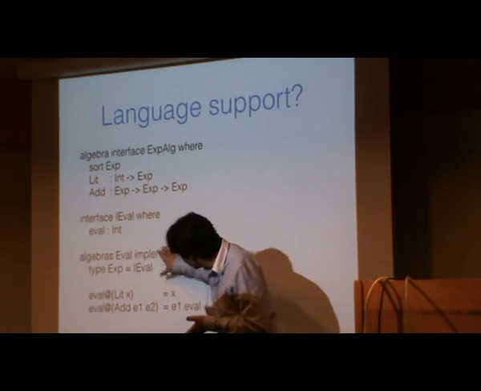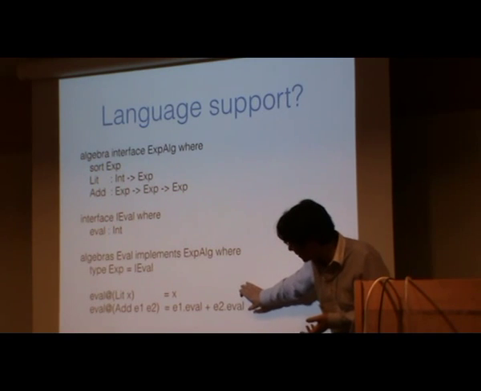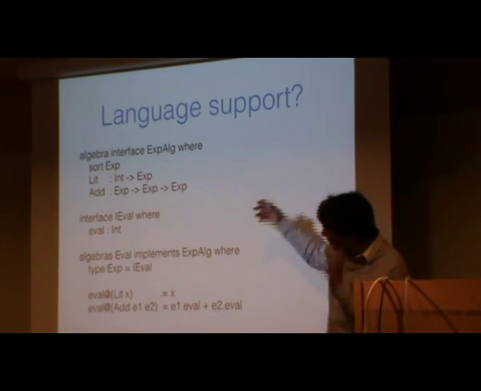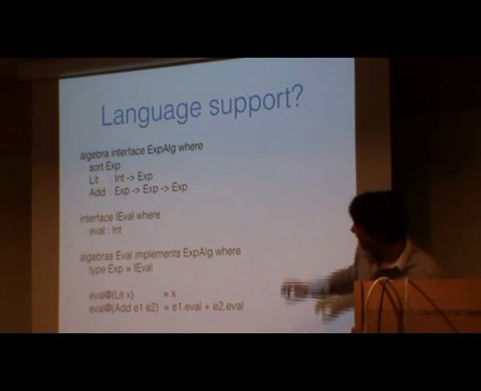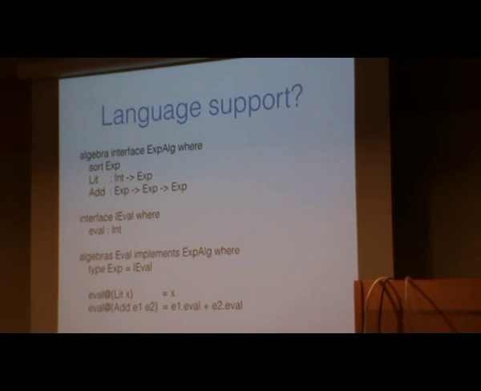And so you could implement algebras like this. One of the things that I would love to have: if you use object algebras in Java or Scala, for example, this code becomes very, very ugly.